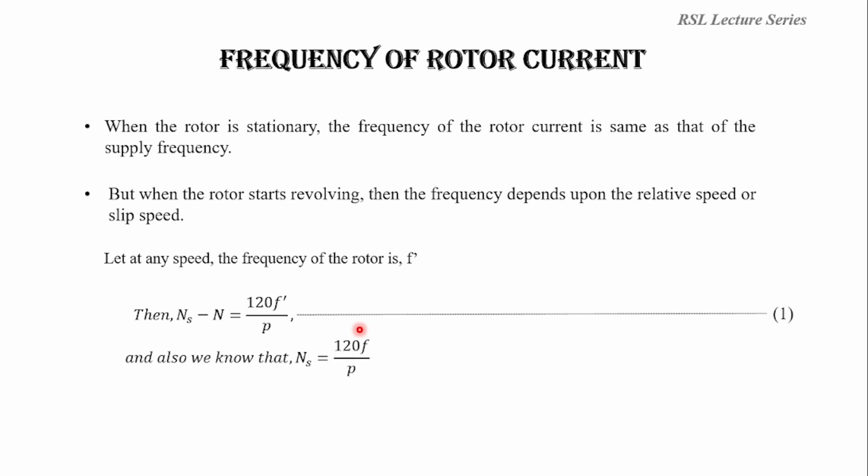Now we know that ns = 120f/p, where ns is the synchronous speed of the rotating magnetic field. This is equation number 2.